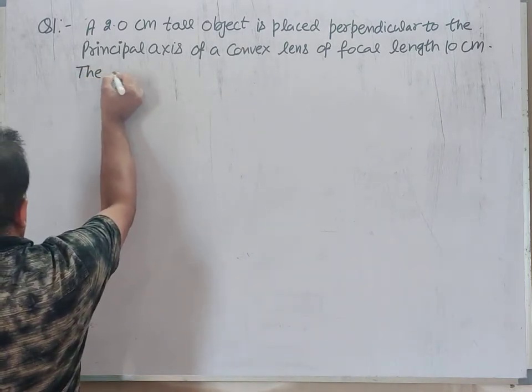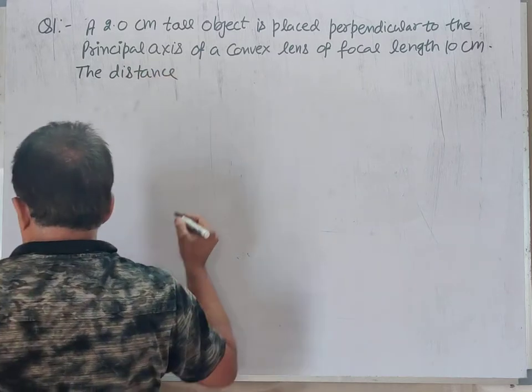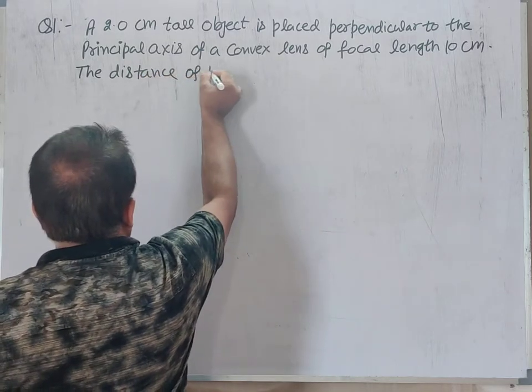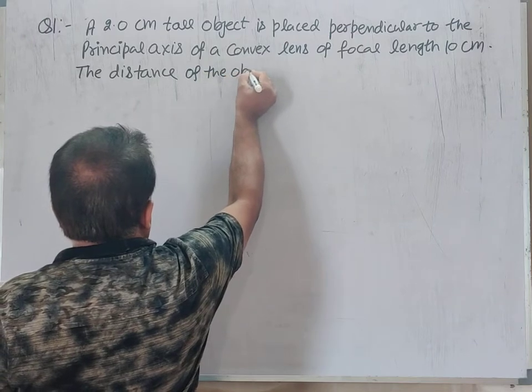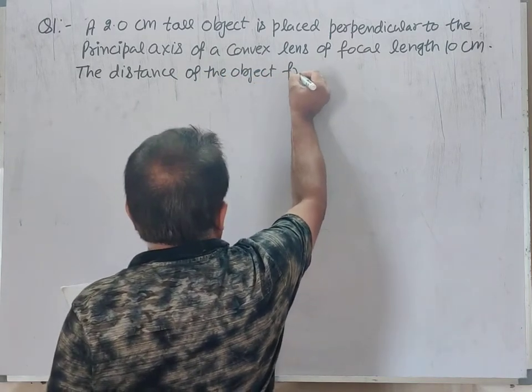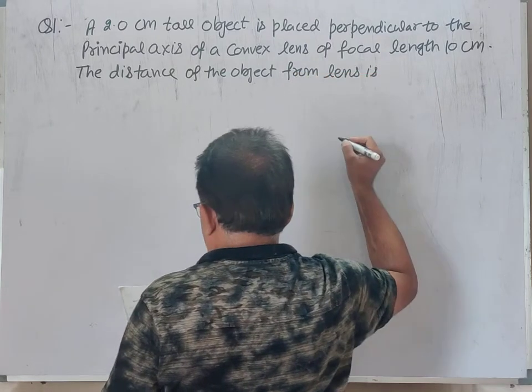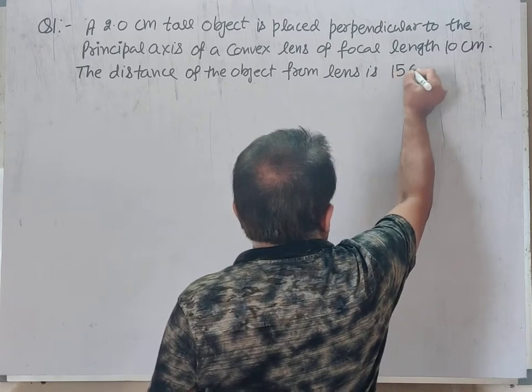The distance of the object from the lens is 15 centimeter.